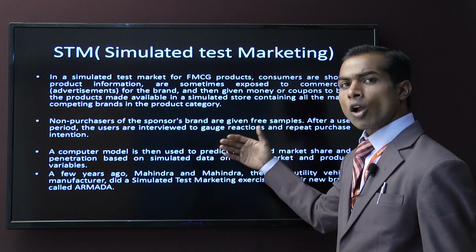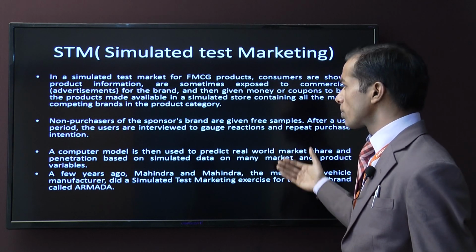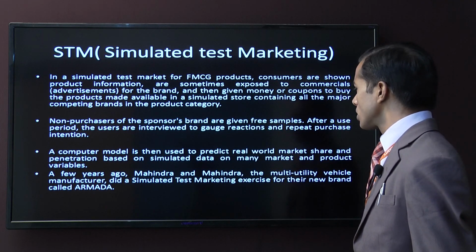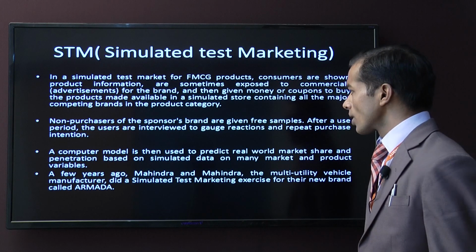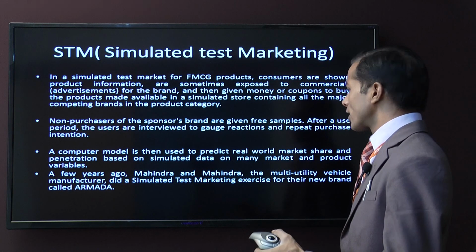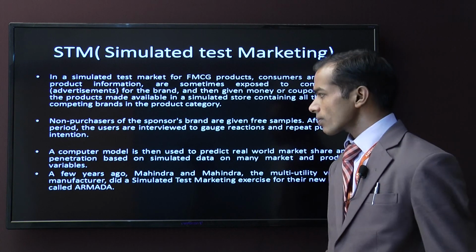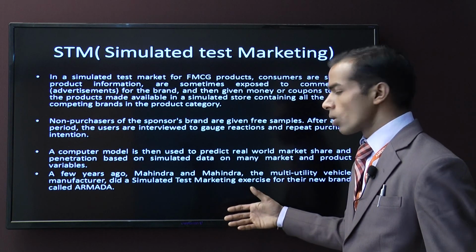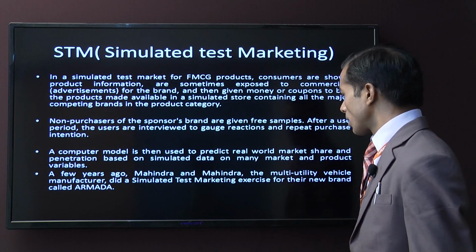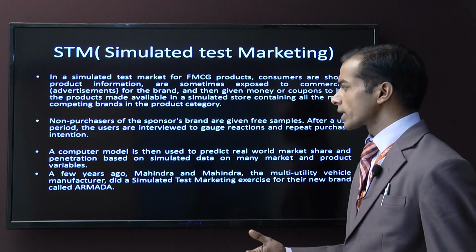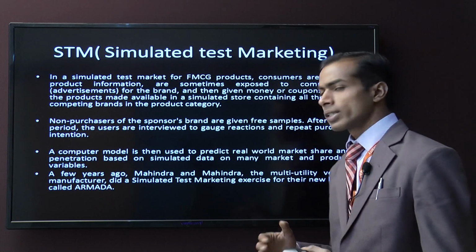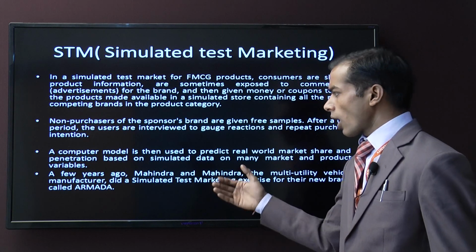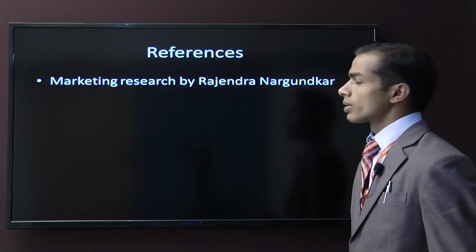In this, non-purchasers of the sponsor's brand are given free samples, and after a use period, the users are interviewed to gauge reaction and repeat purchase intention. A few years ago, Mahindra & Mahindra, the multi-utility vehicle manufacturer, did a simulated marketing exercise for their new brand called Armada. Thank you.